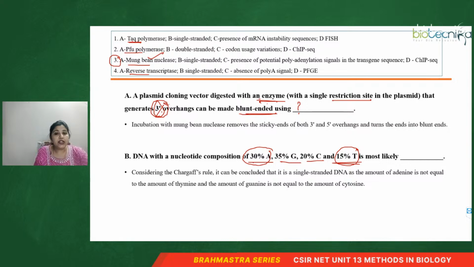So it is not double-stranded DNA, because in the options you have been given double-stranded and single-stranded. Therefore, it is single-stranded DNA, as the amount of adenine is not equal to thymine, and also the amount of guanine, which is 35%, is not equal to cytosine, which is 20%. Again, this confirms our answer that B is single-stranded.